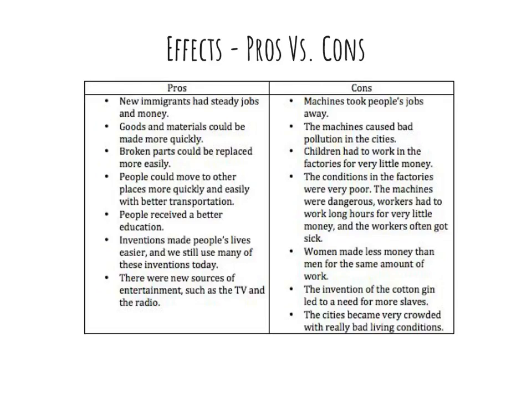Now this chart we have already seen. It is on the sheet that you filled out when you were watching the video about the Industrial Revolution. It has pros, so positive things that happened as a result of the Industrial Revolution, but also cons. These were some of the negative things that happened after the Industrial Revolution.